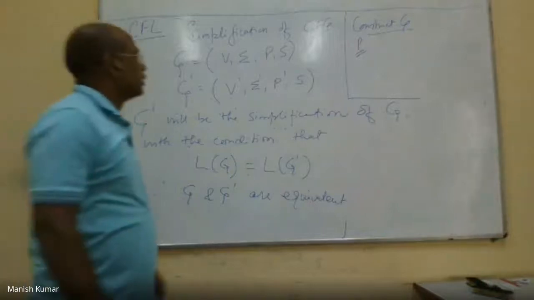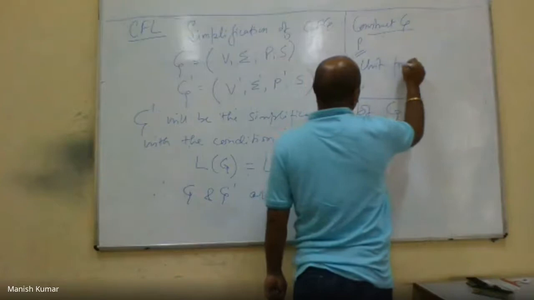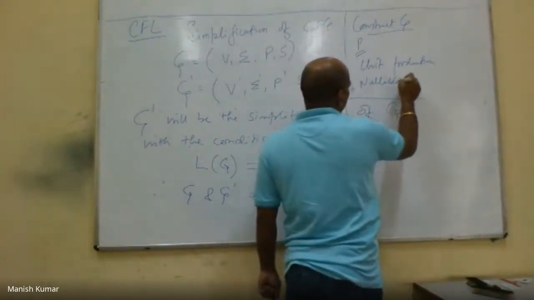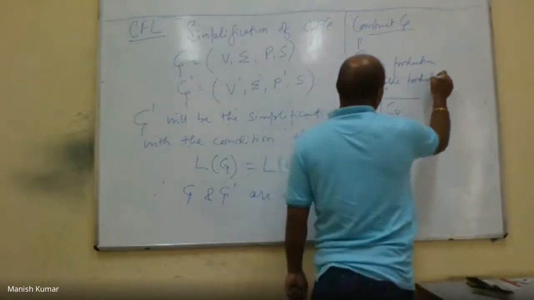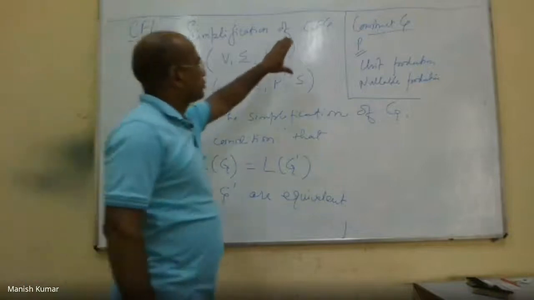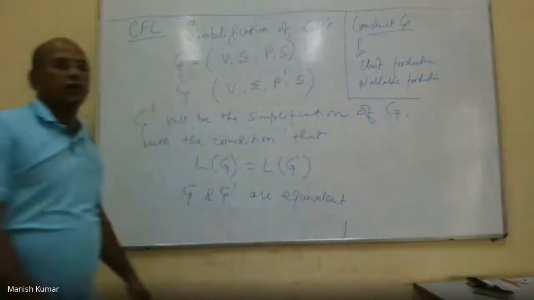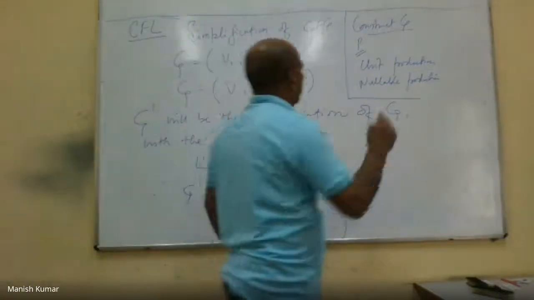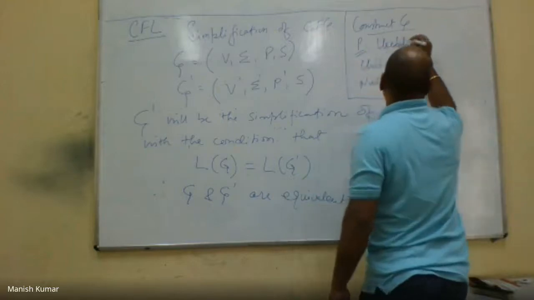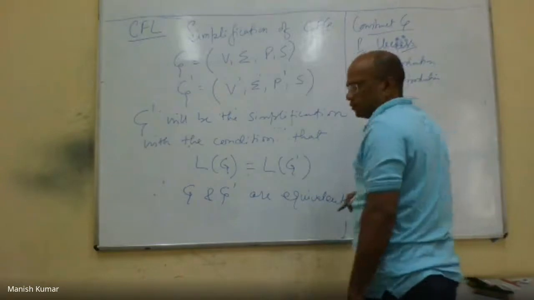We also make use of many unit productions. There are some nullable productions also. Such production rules must be simplified. And obviously out of that you may actually be introducing some useless symbols also.